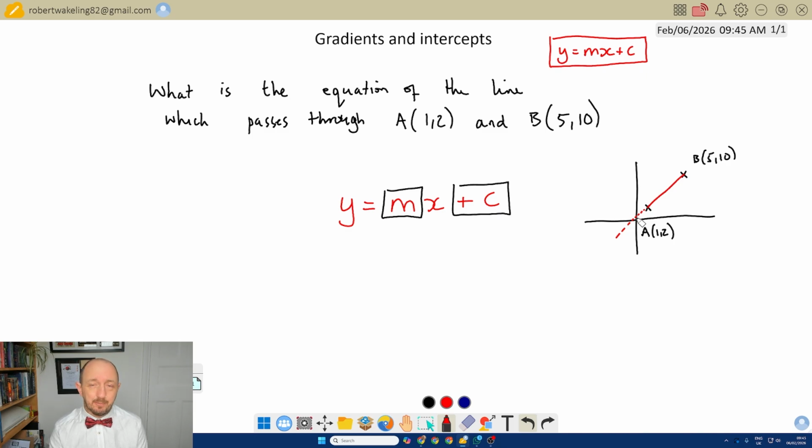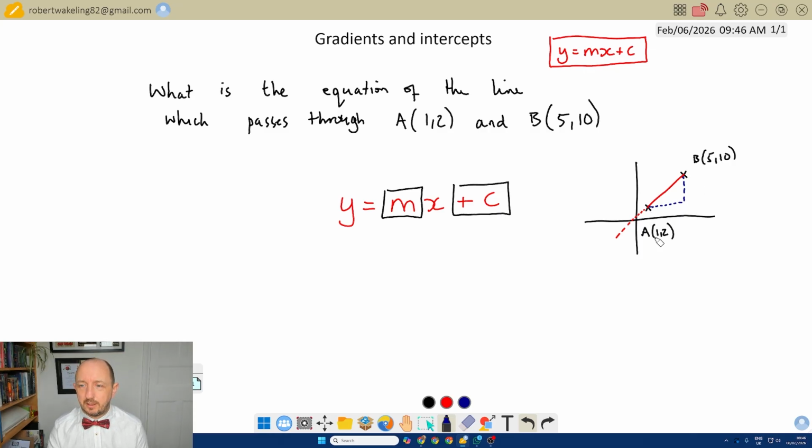Okay, now can we work out the y-intercept right now? Not easily. It's a lot more straightforward to work out the gradient first. If we can get the gradient first, we can work out the y-intercept more accurately later. So how do we work out the gradient of the line? We do a triangle and we do rise over run, so change in y divided by change in x, however you do it.